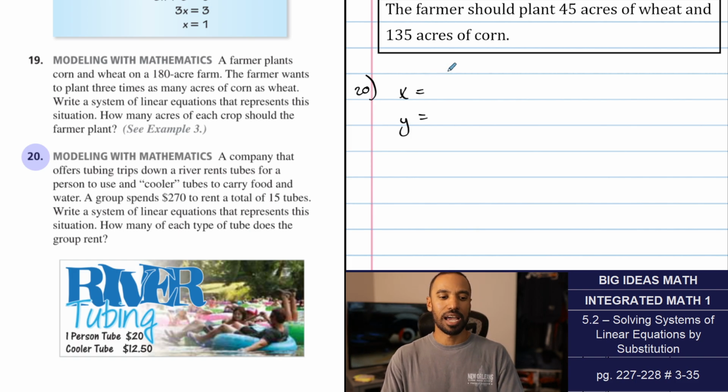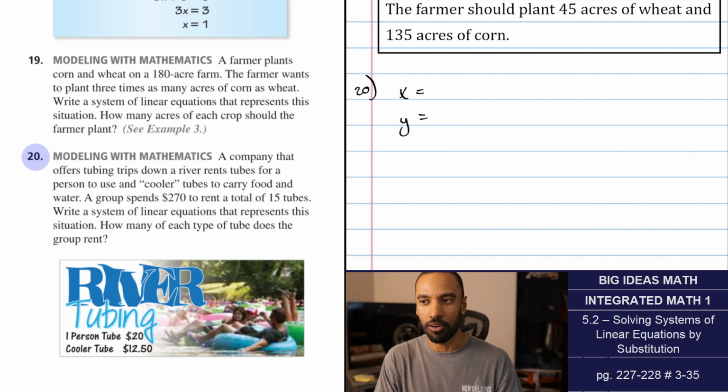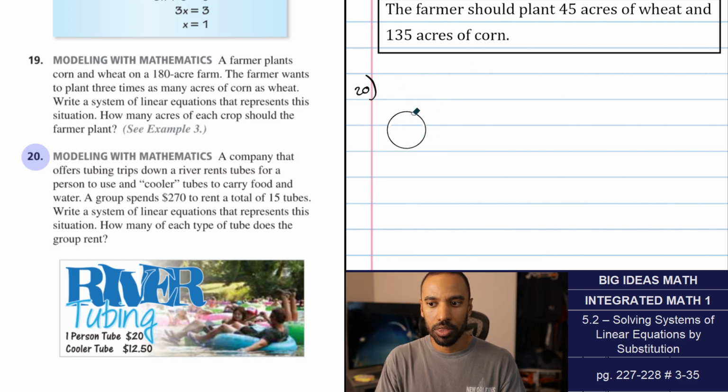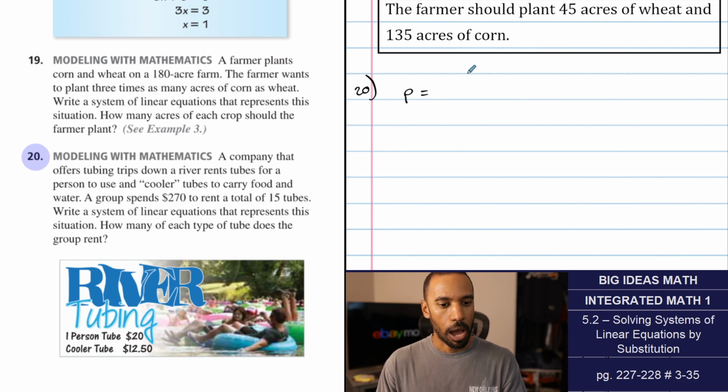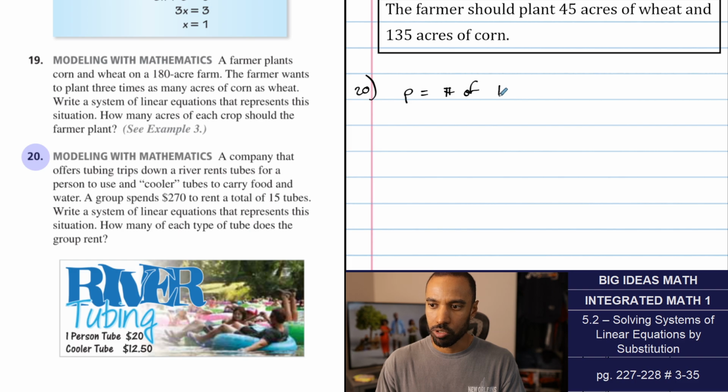Oh, I see. The cooler tube doesn't carry people. So there's the one-person tube. How many of each type? P is the number of one-person tubes, and C is the number of cooler tubes. I gotcha.